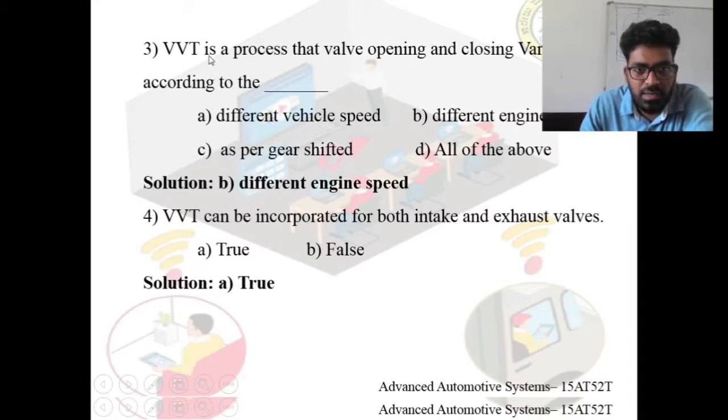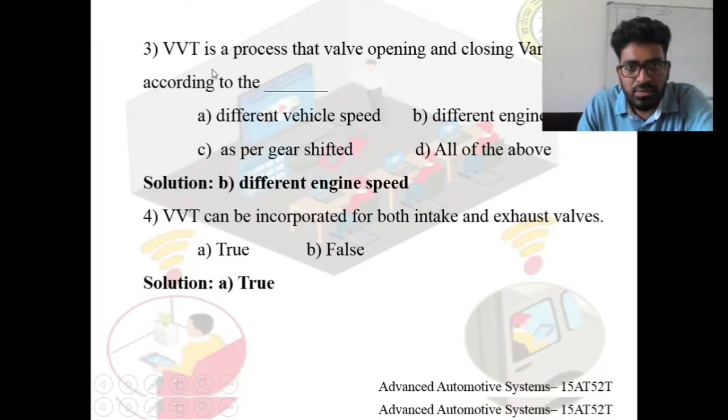VVT, variable valve timing, is a process that valve opening and closing varies according to the different vehicle speed, different engine speed, as per gear shifted, or all of the above. Vehicle speed, if vehicle speed changes, does the valve opening and closing change?